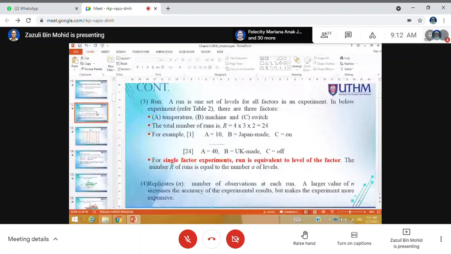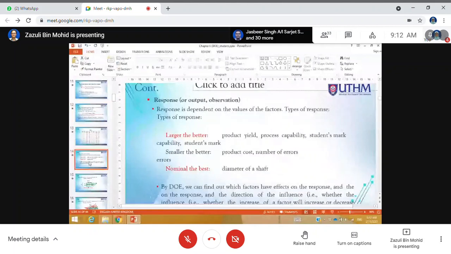The next one is the response. The response is the data that we have to collect, or the answer, or the results from the experiment. Response is dependent on the values of the factors. Types of response: we have larger the better, nominal the best. We have many types of response. These are only examples.